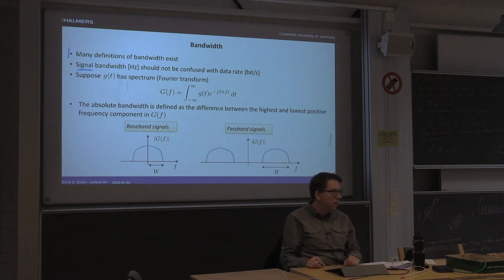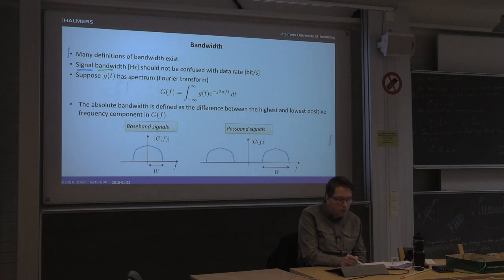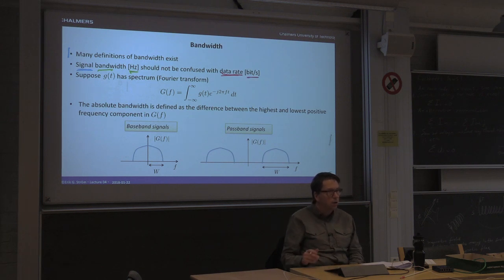It has to do with data rate. But now we're talking about signal bandwidth in hertz, and this should not be confused with data rate, which is measured in bits per second. So when I talk about bandwidth, I mean hertz.